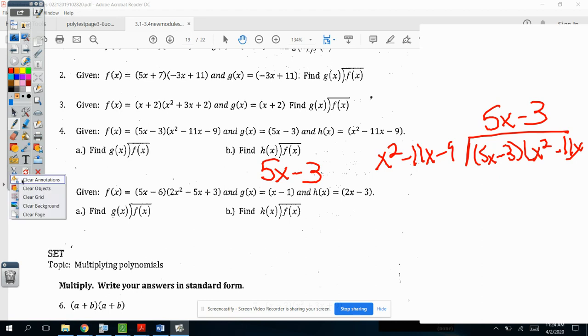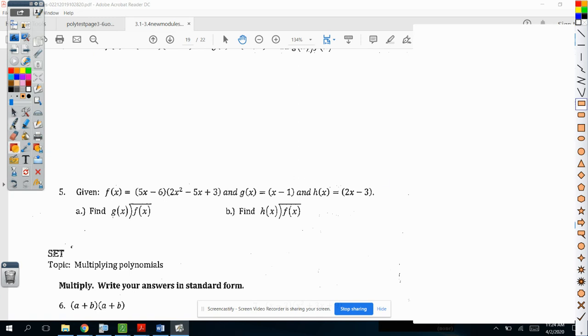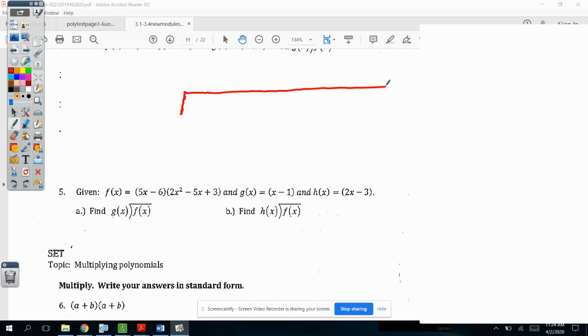Number 5 is trickier because, and it's kind of a really cool problem, they give you the f of x again here. And then they want you to divide by the g of x, which is x minus 1, but x minus 1 does not show up here.